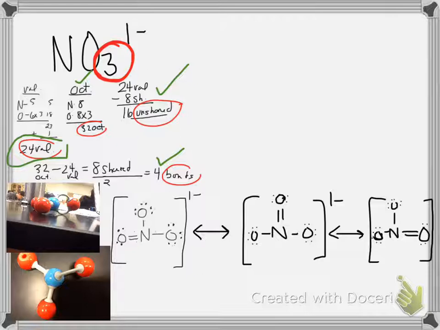Okay, aside from the fact that it's messy, that's what tells us that there are different ways for this thing to exist.